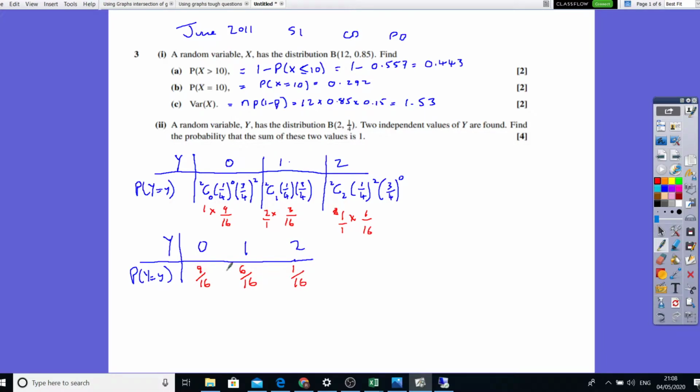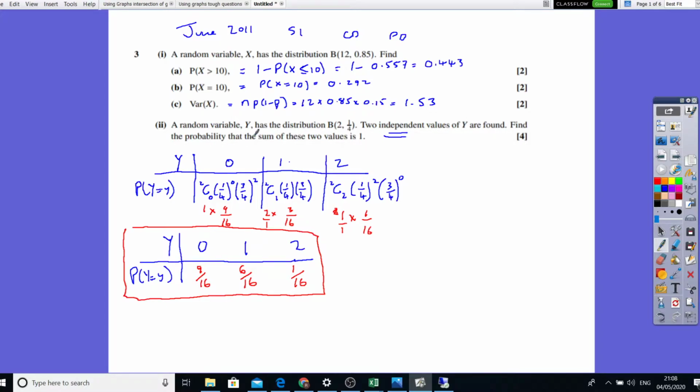You should know that 9 plus 6 plus 1 is 16 over 16, so the table adds up to 1, the sum of probabilities is 1. This is the probability of getting 0, 1 or 2 successes. Now, it does say 2 independent values are found, so we can just multiply them when we get them.